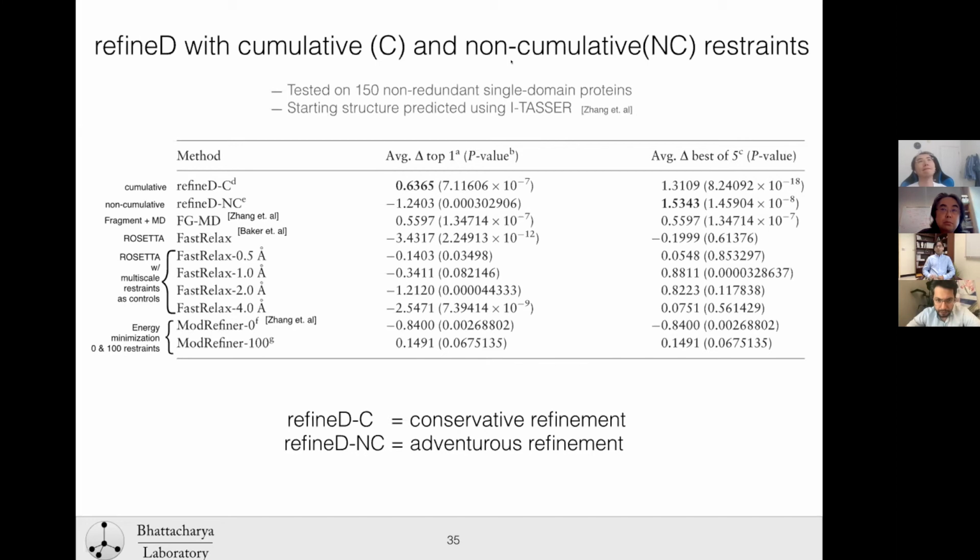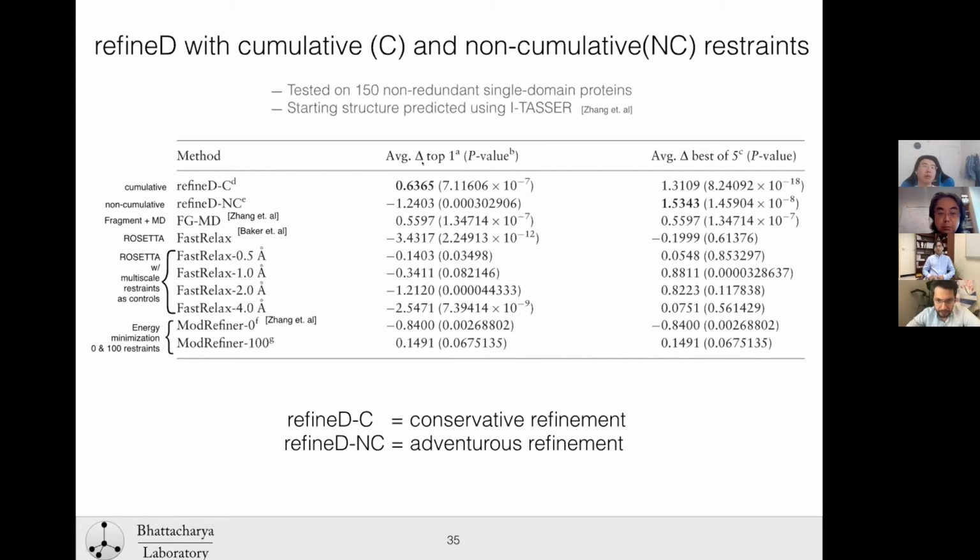We compared the performance using the 150 non-redundant single domain proteins where the starting structures are predicted using I-TASSER models. We compared both versions of refined with several refinement methods, including the molecular dynamics simulation method FG-MD, Rosetta's fast relax protocol and many different variations of it, and the ModRefiner method, which is also an energy minimization method.